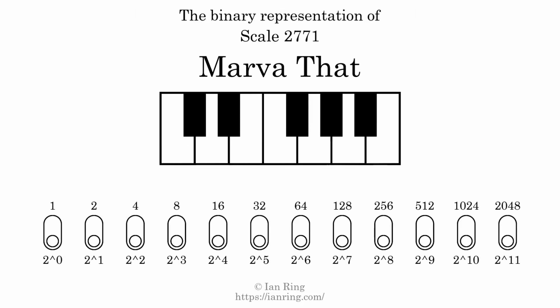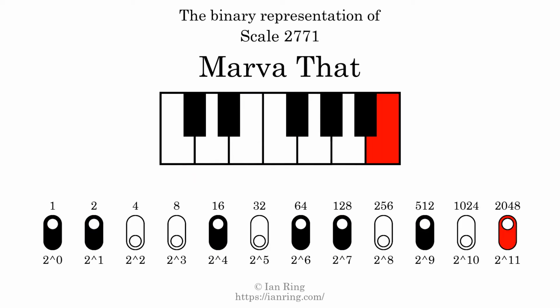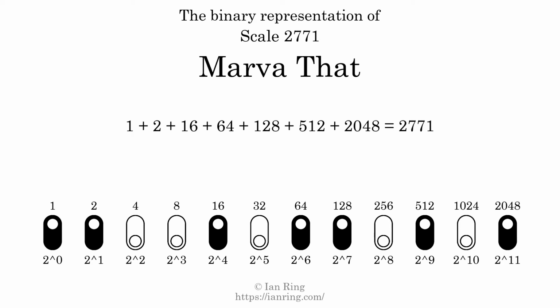The binary representation of this scale is determined by mapping tones of the scale to binary digits. Each binary digit represents a power of 2. To get the scale number, we add the powers of 2 together. The powers of 2 that are present in the scale, all added together, equals 2771.